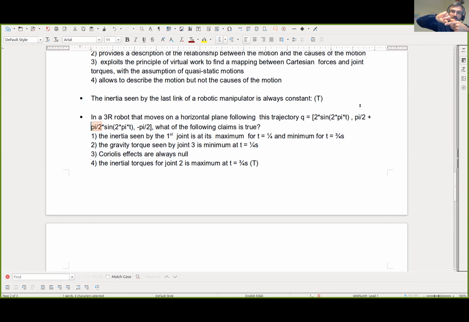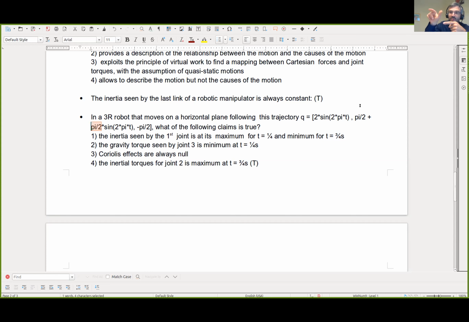So it becomes pi half for t at 1/4, and for t at 3/4 it becomes minus pi. So it will be either, from the vertical position, closing or going out and aligning.